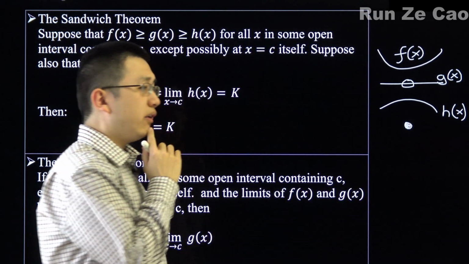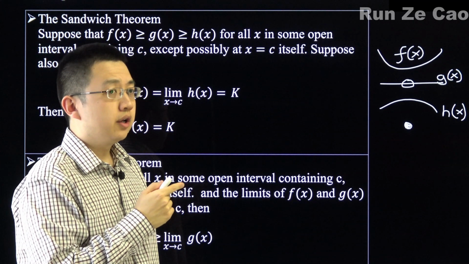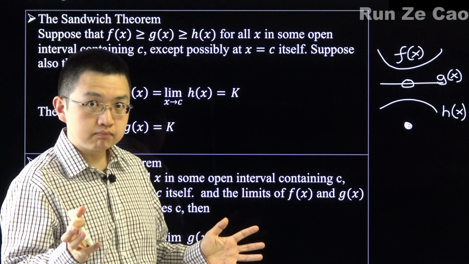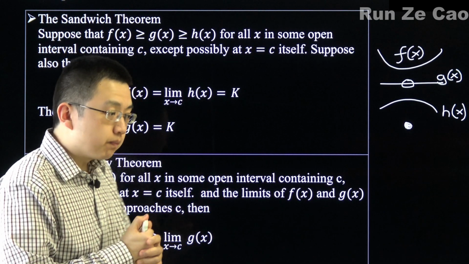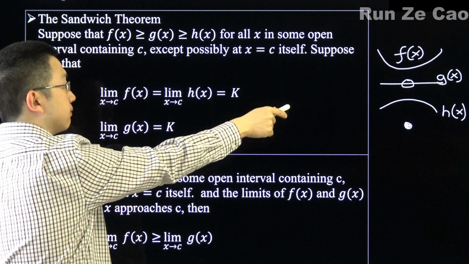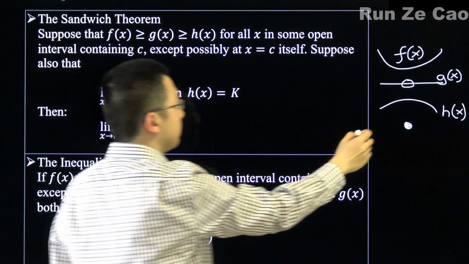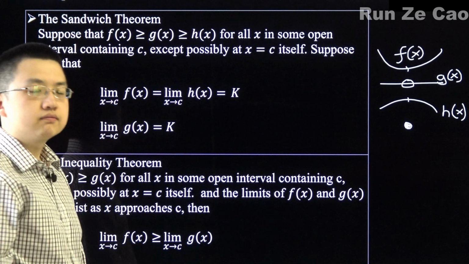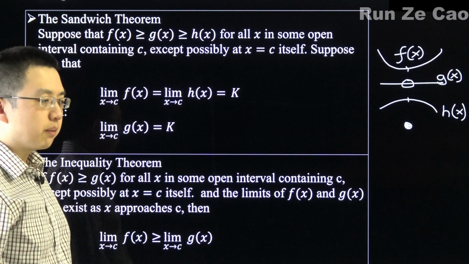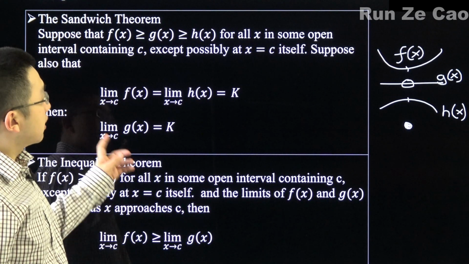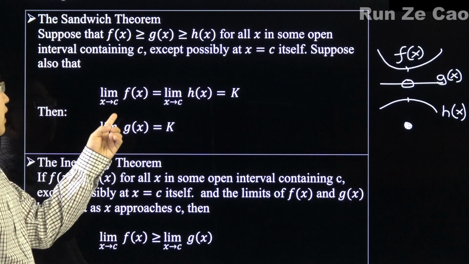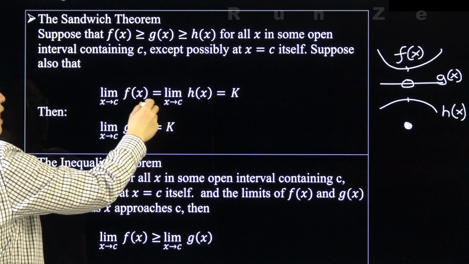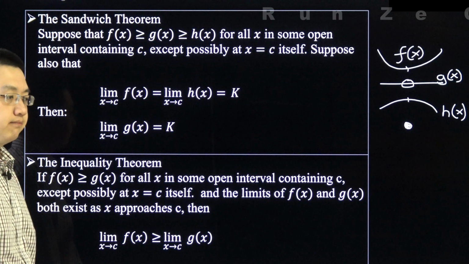That means maybe we have a discontinuity here. Okay, so if we have a removable discontinuity here, does it matter for the limit? No. So, the limit is going to be somewhere between the limit for f of x and the limit for h of x. Or more specifically, it's going to be somewhere between the limit for f of x as x approaches c and for h of x as x approaches c.